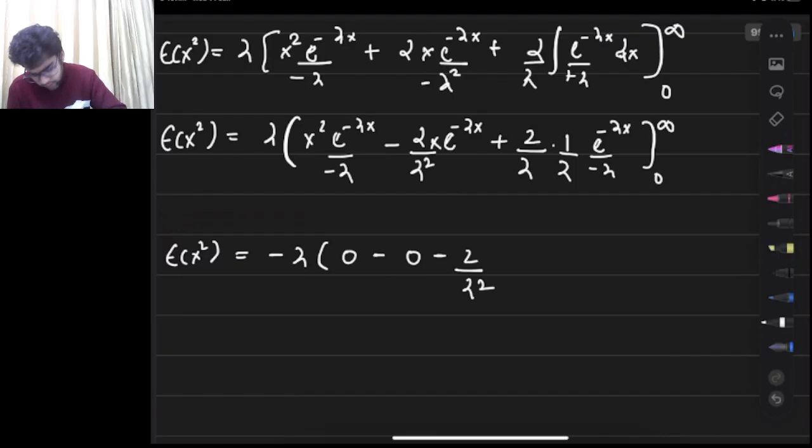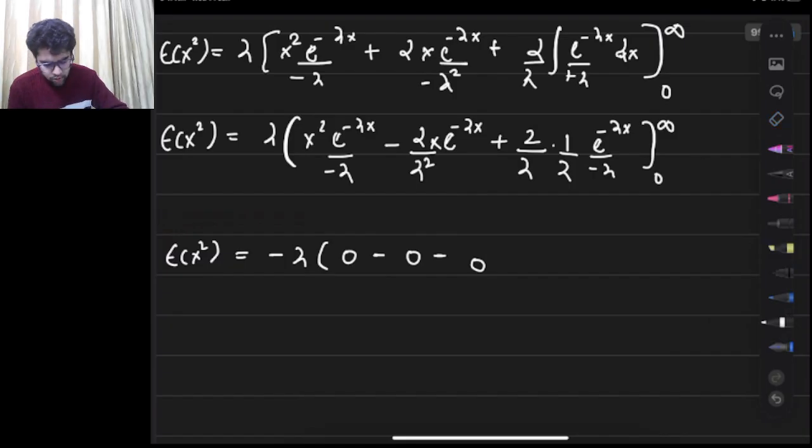Wait a minute, the infinity term was 0, and this also becomes 0. Now I got it, right?